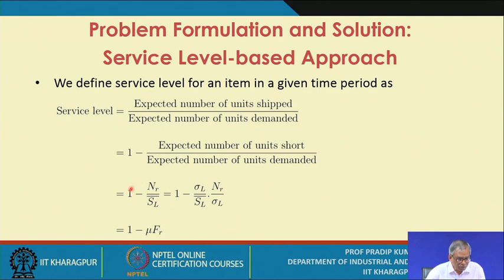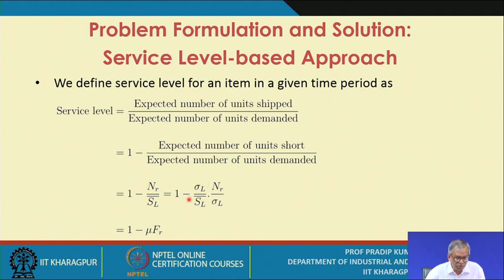So now we have 1 minus NR divided by SL bar, and through manipulation this means 1 minus sigma L by SL bar times NR by sigma L, or it becomes 1 minus mu into FR.